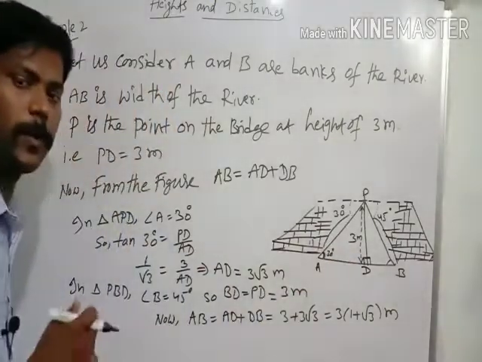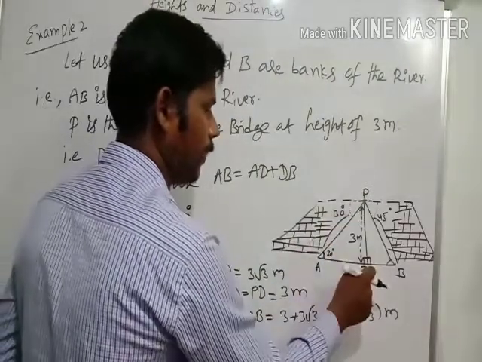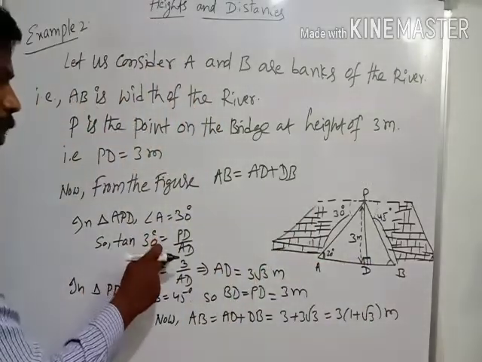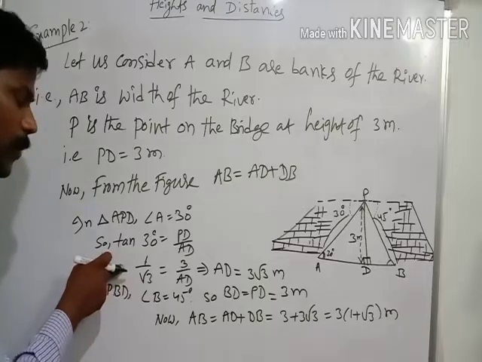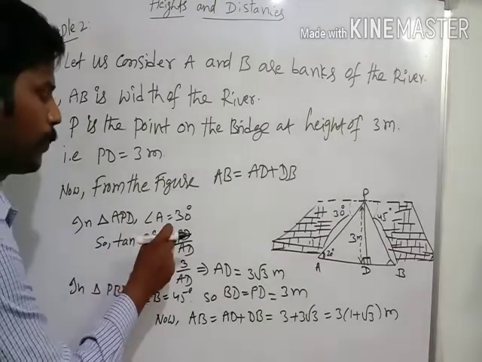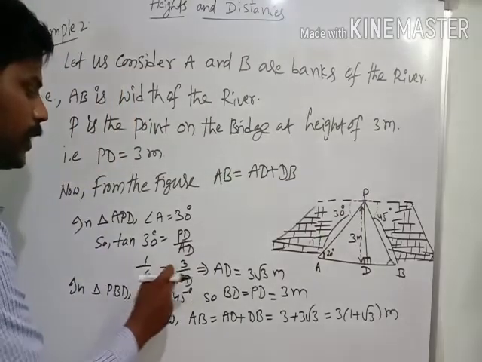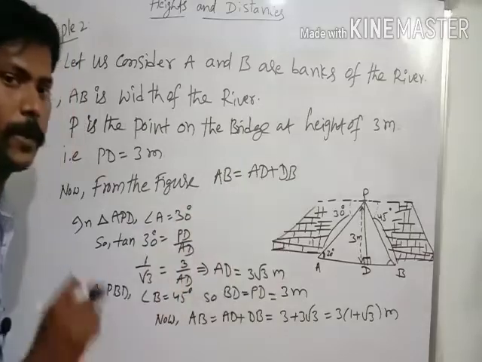Tan theta is opposite side by base. For angle A, the opposite side is PD and the base is AD. So tan 30 equals PD by AD. We know tan 30 is 1 by root 3. So 1 by root 3 equals PD, which is given as 3, by AD. Cross multiply: AD equals 3 into root 3 meters.